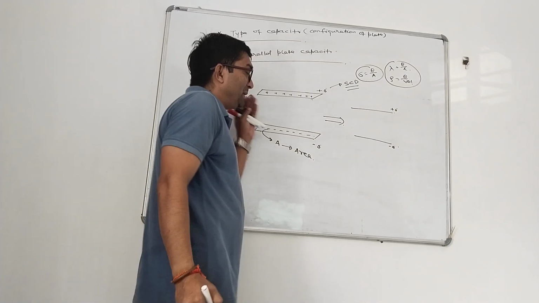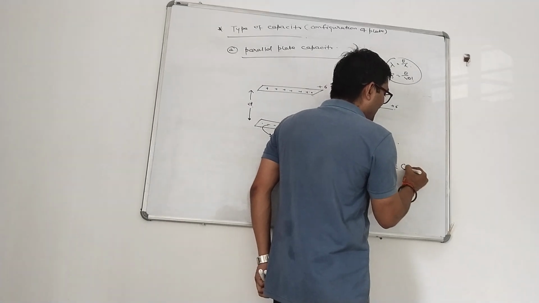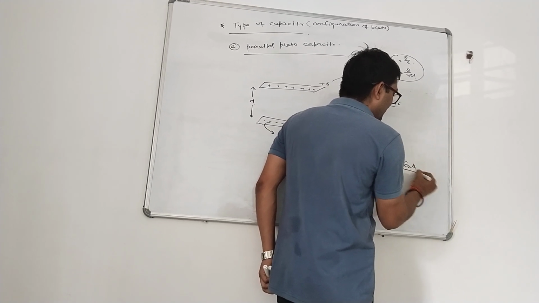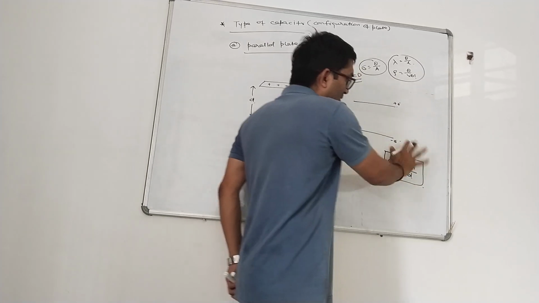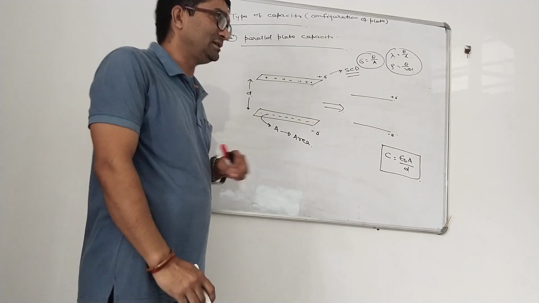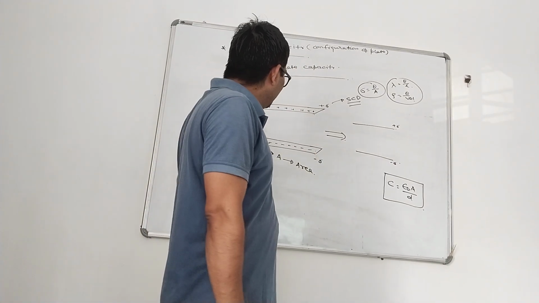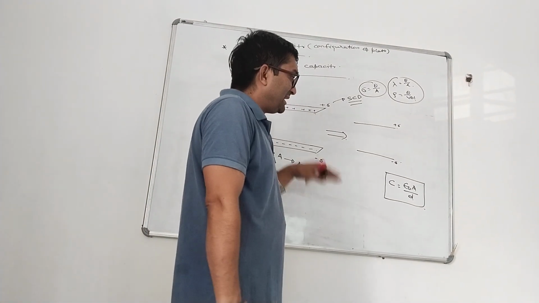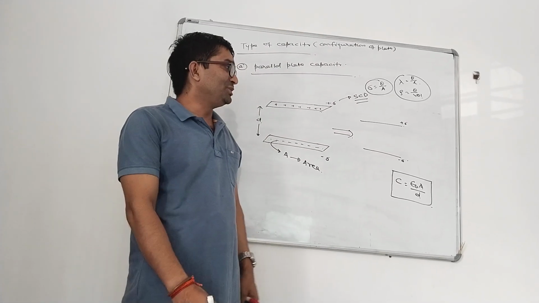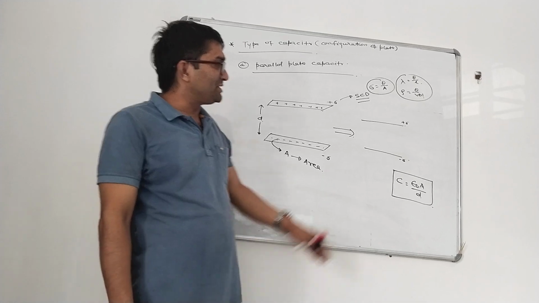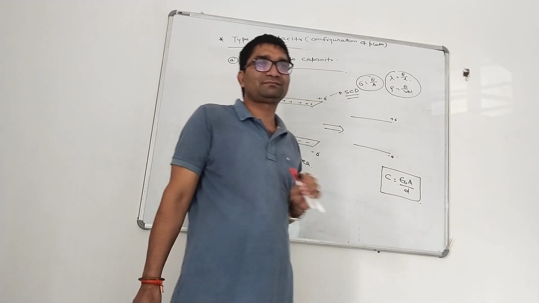So the capacitance will become C equal to epsilon naught A upon d. Now all of you know these terms: epsilon naught is the permittivity of free space, A is the area of the plate, and d is the separation between the plates. So the capacitance of a parallel plate capacitor is epsilon naught A upon d.